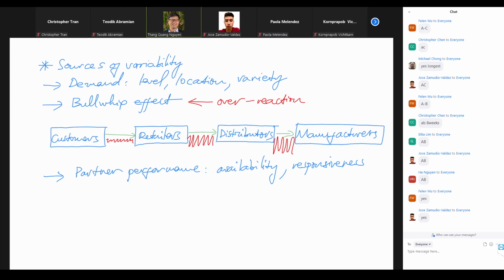And then another dimension that we look at in our partner is, are they reliable or not? For example, they say that they can deliver the goods after 1 week. Is that true, or will they do that after 2 or 3 weeks, right? So that is reliability.